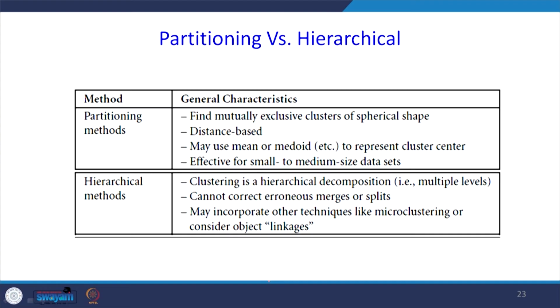This partitioning method is distance based, may use mean or medoid to represent the cluster center, and is effective for small to medium sized data sets. Hierarchical methods: clustering is a hierarchical decomposition at multiple levels, cannot correct erroneous merges or splits, and may incorporate other techniques like microclustering, considering object linkages.